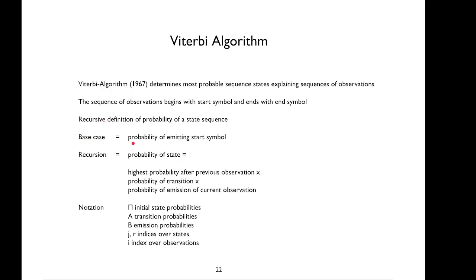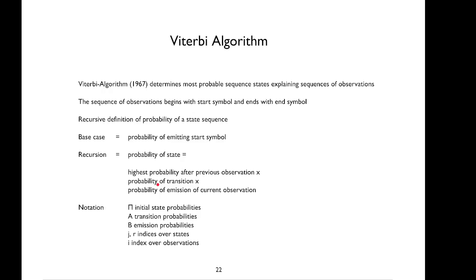So we have a base case which considers the probability of emitting the start symbol. This will be very, very simple, because only in the start state we're emitting the start symbol, and any others we don't, and that means they're all zero. And then we have the true workhorse, that's the recursion. So the probability of a state, and now really comes the important bit to which you have to pay attention, is the highest probability after making our previous observation. So we've moved one time step forward, and times the probability of making the transition from the state that gave us this high probability in the previous observation.